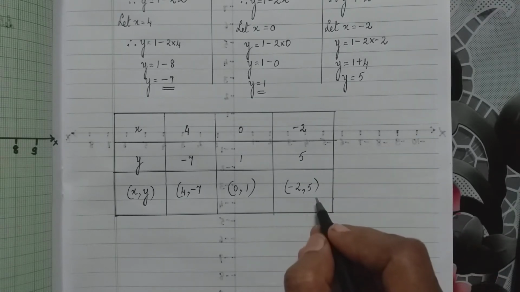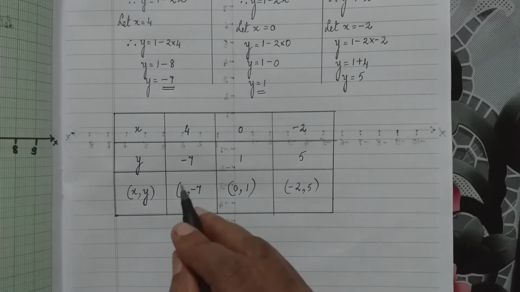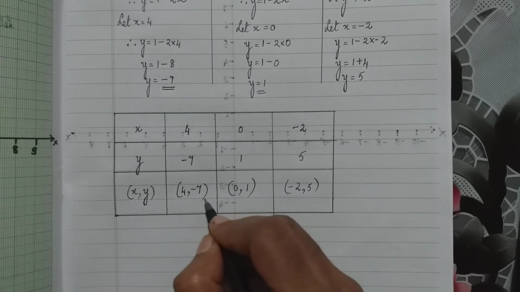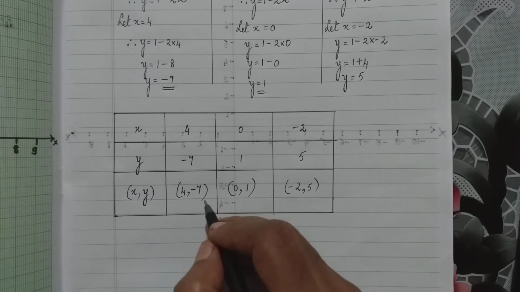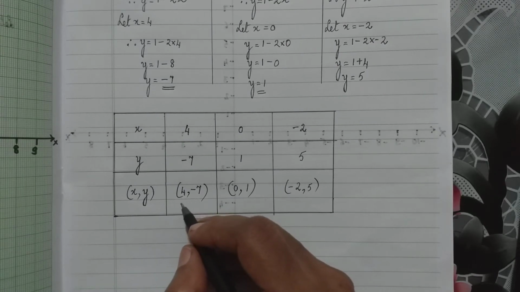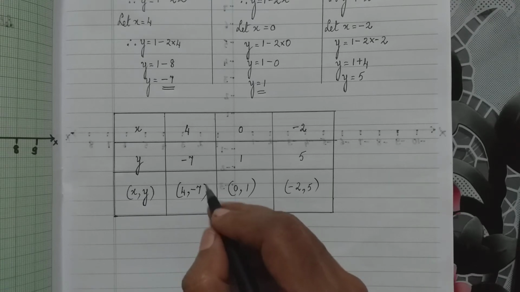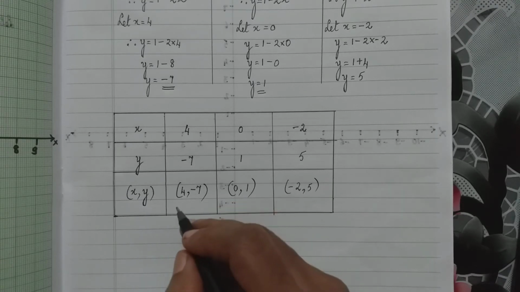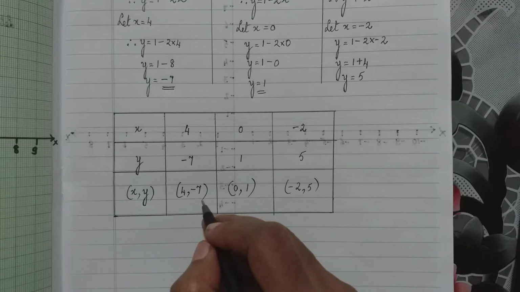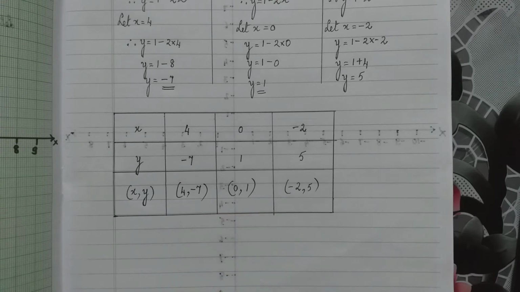Now, we go to draw the graph. What is the first pair of coordinates? 4 comma minus 7. x is positive and y is negative. Therefore, it lies in the fourth quadrant. So, we mark the point 4 comma minus 7.